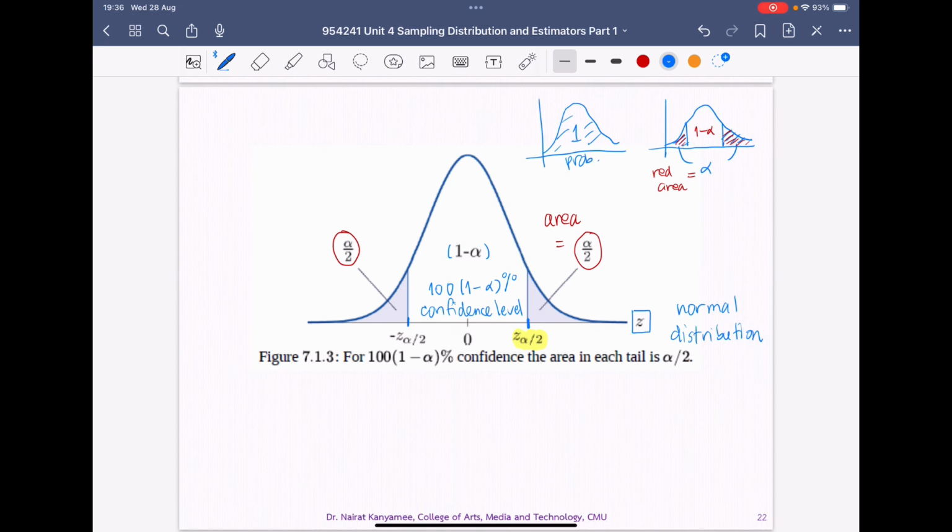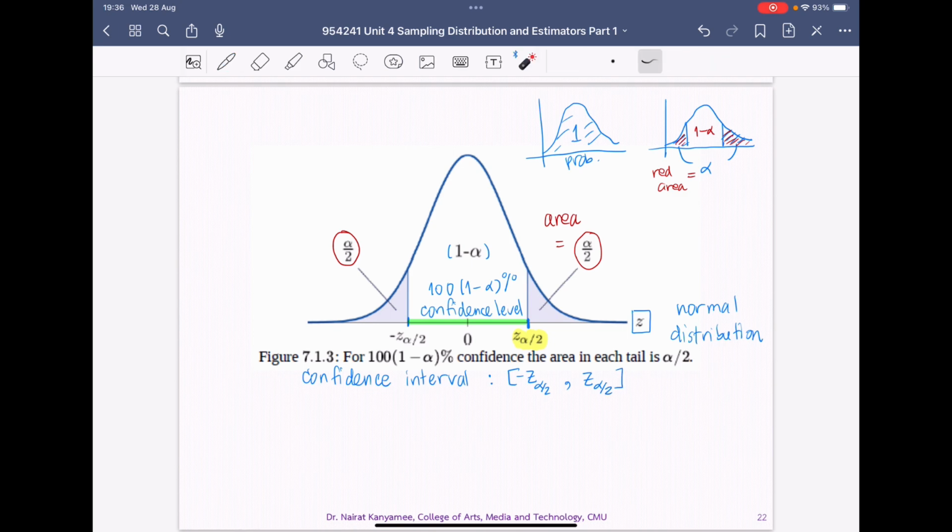From here, we have the confidence interval and the confidence level. The confidence interval is going to be the green interval here, which is minus z alpha over 2 comma z alpha over 2.